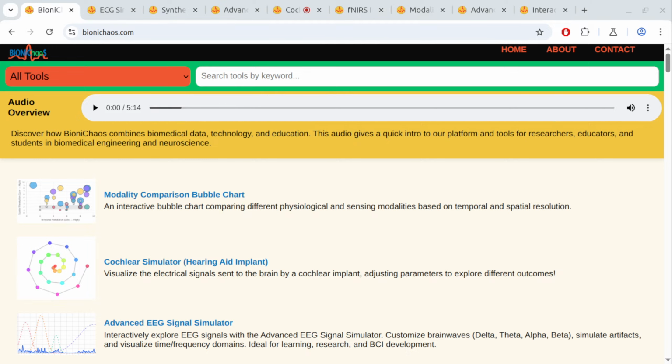I'm just scrolling through a deep research of this agent. Can you summarize real quick what the agent is doing at the moment? The agent is conducting a deep research project on bionicchaos.com. It's exploring the website for neurological tools, analyzing data, and gathering information about competitors for a comparative analysis.